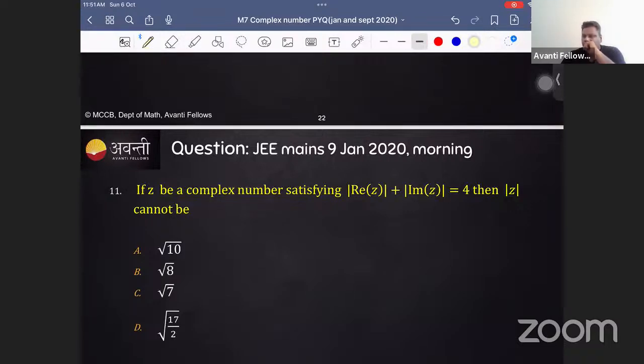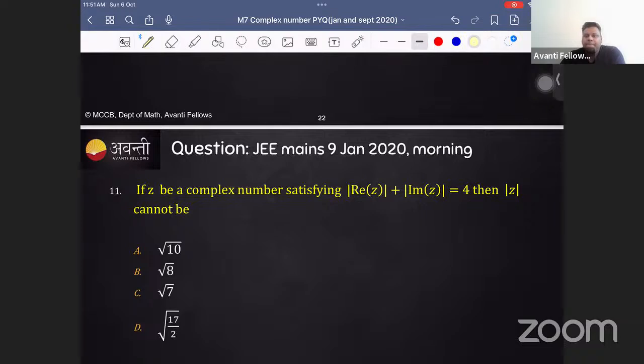Very good. So we got 4 people have answered it. Each one answered one option. One answered A, one B, one C, and one answered D. Chalo, let's see. This is a simple question.